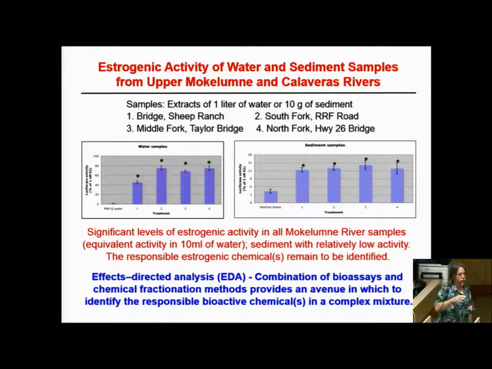And we've talked to several people about doing what's called effect-directed analysis. We can use our bioassay and coupled with people that do instrumental analysis to fractionate samples, use the bioassay to look at the fractions and work our way down to try to identify what the responsible chemicals are. But in this case, we don't know what that activity is.